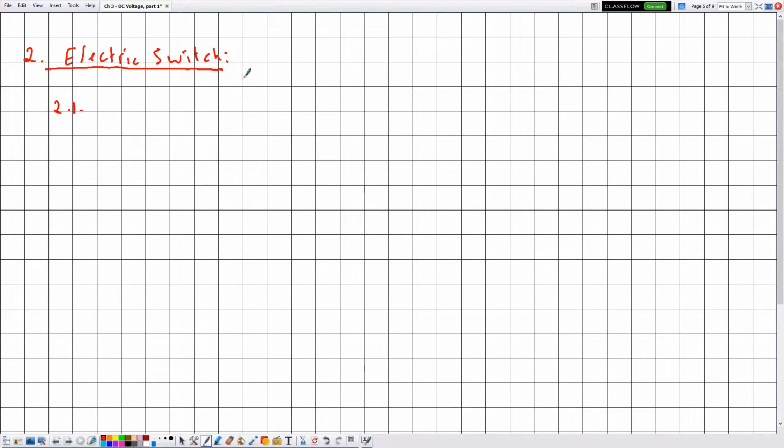Let's start by discussing the open switch. So 2.1 open switch. Then idea number 1, the symbol of the open switch. This is the symbol of an open switch.